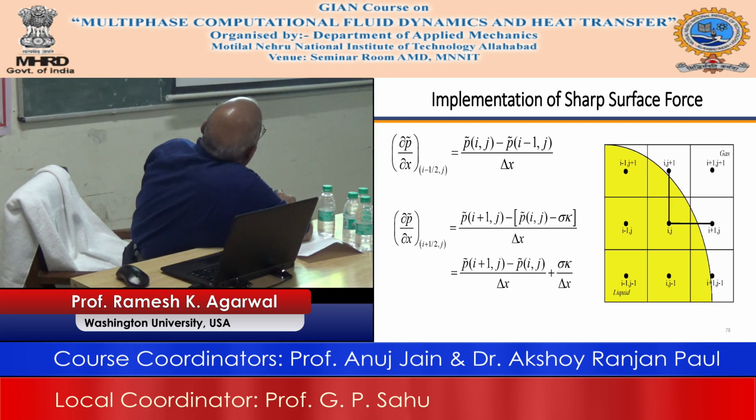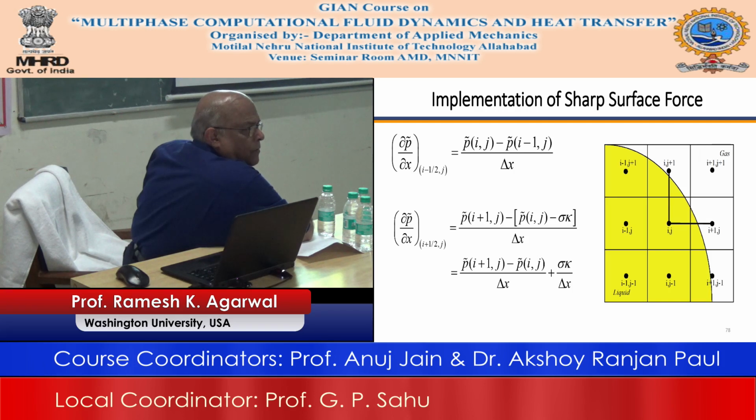What happens here when you are trying to use it in the way we are doing the actual pressure? And you see, this is the interface. This is schematic, this is ij, this is I minus 1j. This is straightforward because this is in the liquid, this is in the liquid. But here to here, you are crossing from liquid to the gas. How do you treat this particular term?